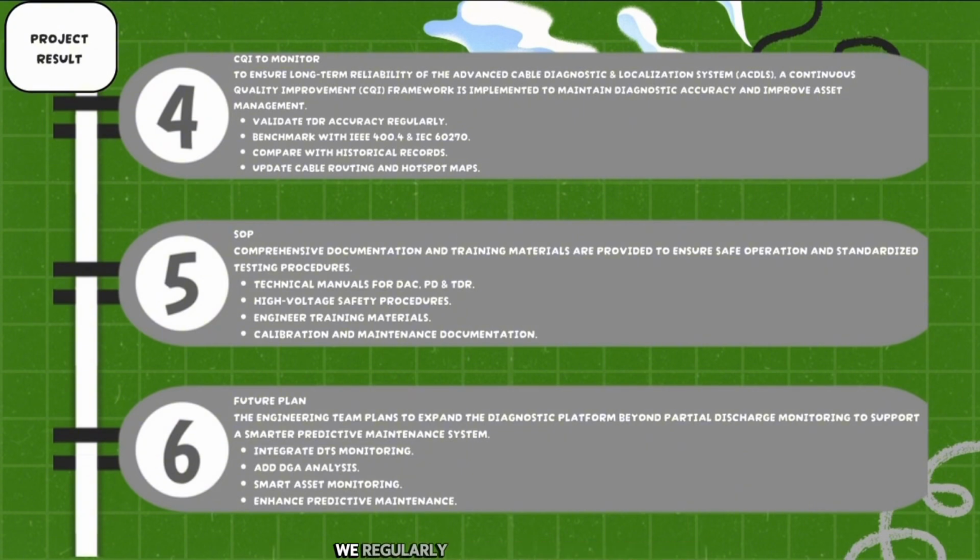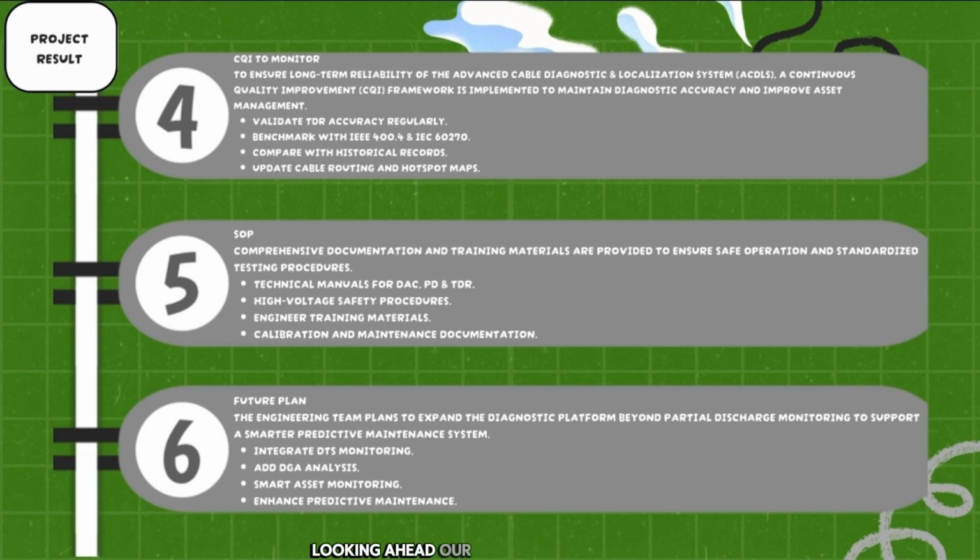We regularly validate TDR accuracy, benchmark our process directly against international IEEE and IEC standards, and update historical hotspot maps. We have also established comprehensive technical manuals, engineering training protocol, and strict high voltage SOP.